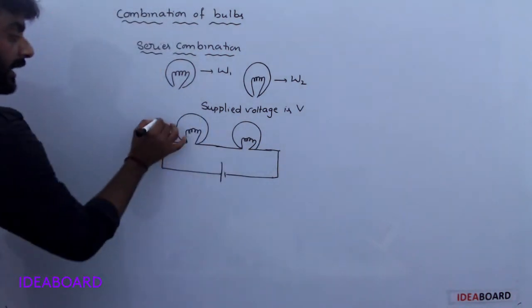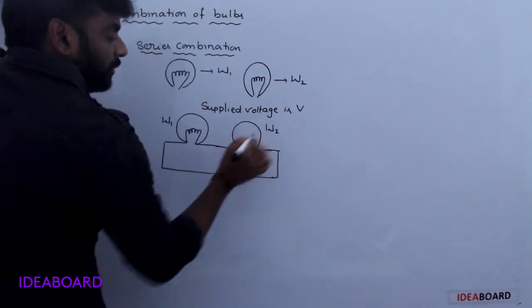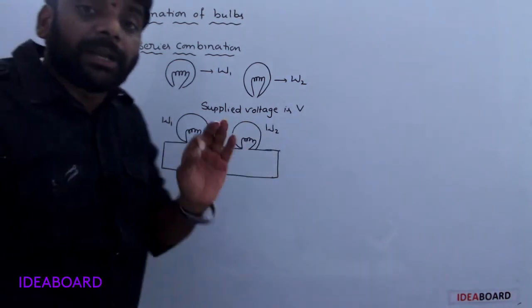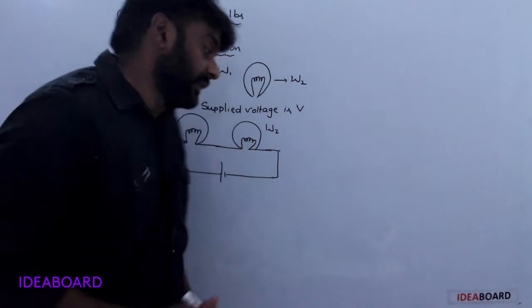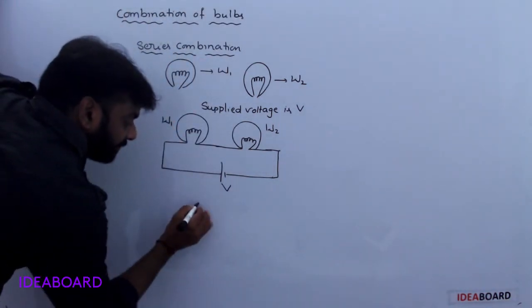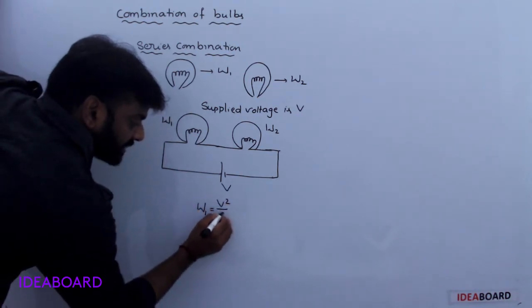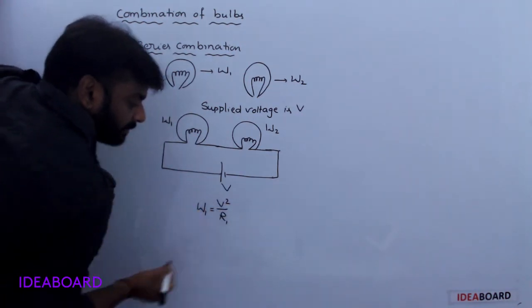Okay. Now W1 means mentioned power. Here voltage is V. W1 is equal to V square by R1.